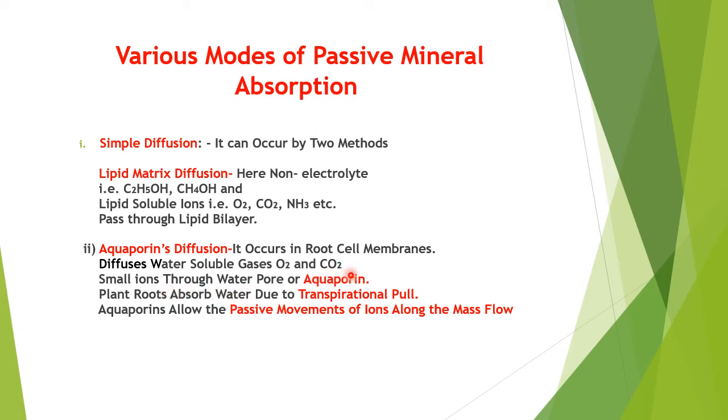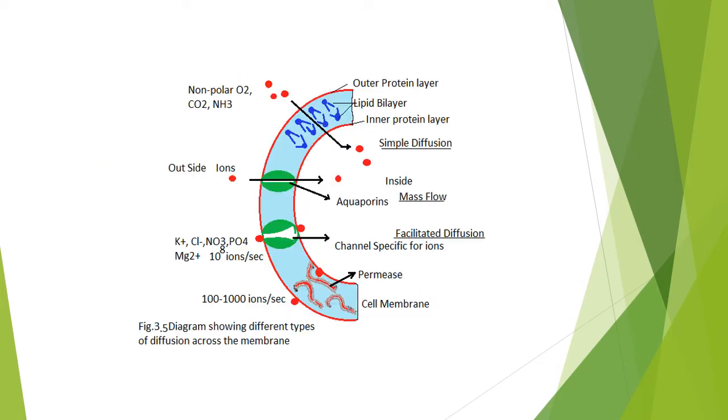Whenever there is water moving en masse as a mass flow due to transpiration pull, plant roots absorb water due to transpirational pull, which is in the aerial foliage. As a result, aquaporins allow the passive movement of ions along the mass flow. When there is a mass flow of water, there can be passive movements of ions along with it. That is called aquaporin diffusion.